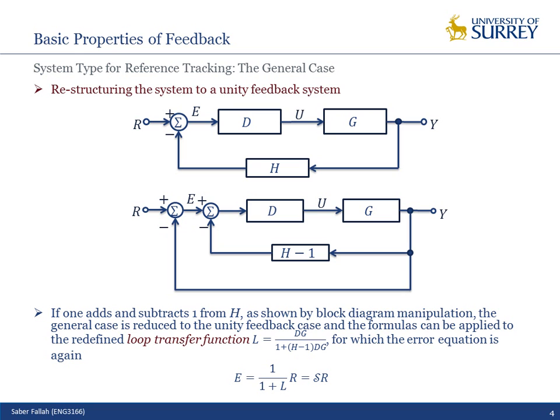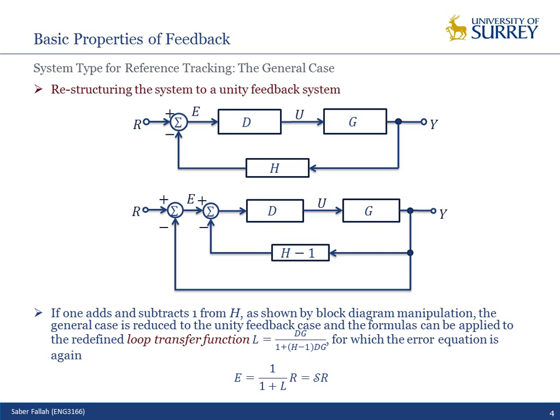What was the purpose of defining the system type? What's the usefulness of having system type? To have an idea about the steady state error of the system without calculating the closed loop transfer function. Just look at the open loop transfer function. For example, if it is unity feedback, I look at DG. If DG doesn't have any pole at origin, it's type 0.